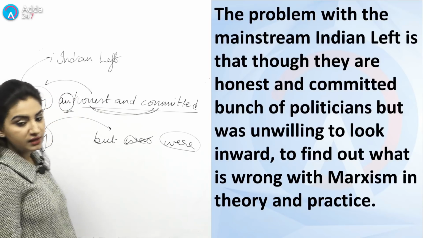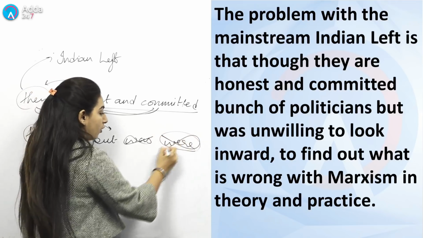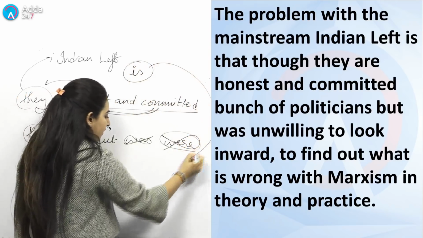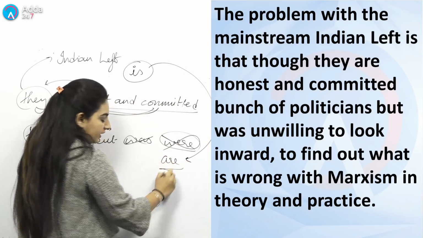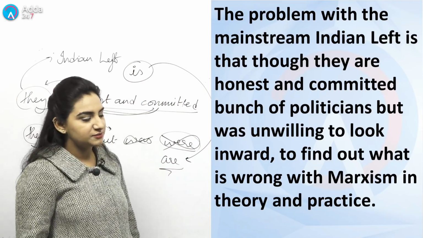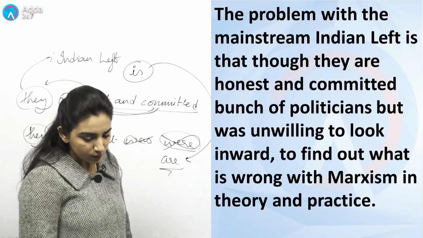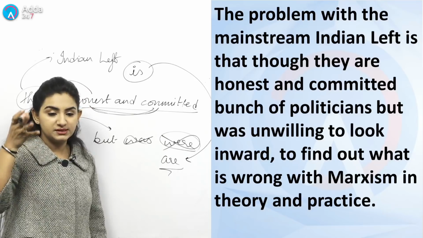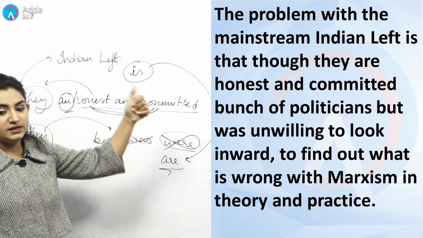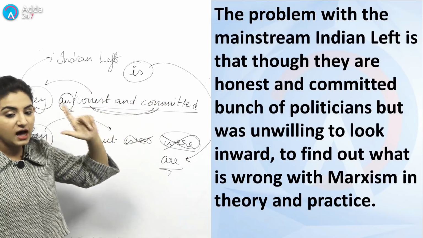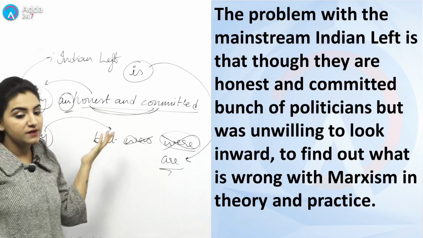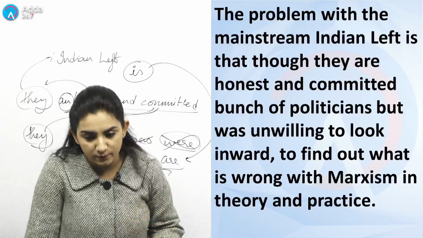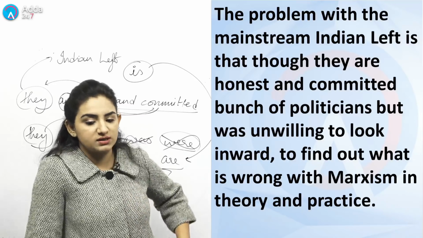Of course, the sentence is given in present tense. The sentence is in present tense, were will not come, R will come, correct. That is absolutely correct. Were will not be used, it should be but are. The sentence is in present tense. Look, Indian left is, they are, so how can we write was? We have to write were, but are unwilling to look inward to find out what is wrong with Marxism in theory and in practice.